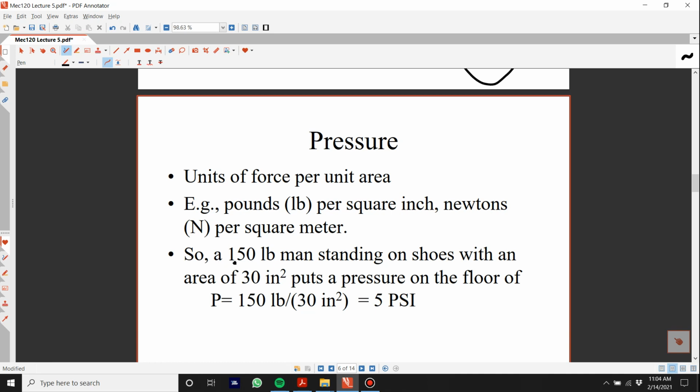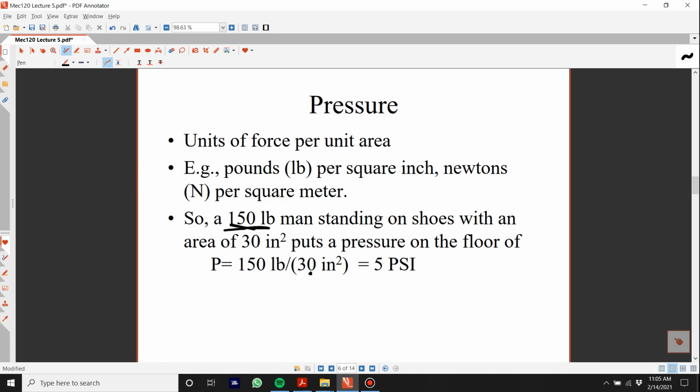So if I wish I was 150 pounds. So a 150 pound man standing on shoes with an area of 30 inch squared puts a pressure on the floor of 150 divided by, so let's just write this down, P is equal to force.